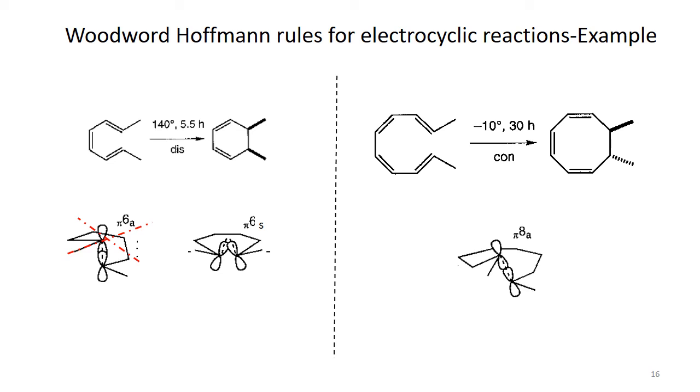But now we have to find out whether the antarafacial or suprafacial designation, or you can say suffix, shall be used with them. So in the first process, we have a hexatriene reaction, but the hexatriene reaction is slow because we have a strained transition state, that is, if you look at the first transition state.